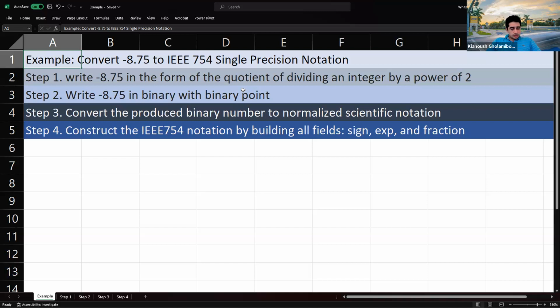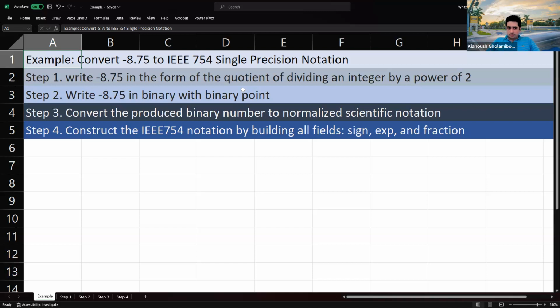All right, so to do this conversion, I'm going to use 4 consecutive steps. In these 4 consecutive steps, I will gradually make progress until I construct the IEEE 754 notation. In the very first step, I will write down the given number, negative 8.75, in the form of a quotient of dividing an integer by a power of 2.